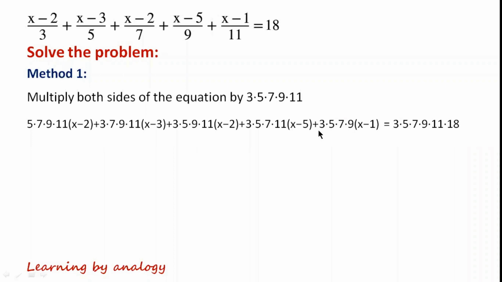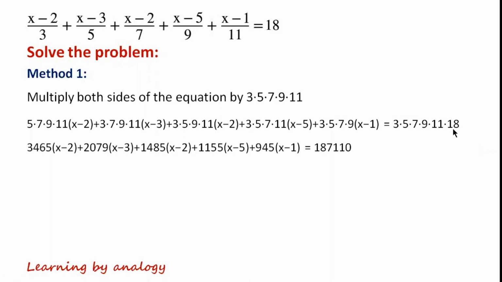And the fifth fractional term becomes 3 times 5 times 7 times 9 times (x - 1). The right-hand side of the equation becomes 3 times 5 times 7 times 9 times 11 times 18.